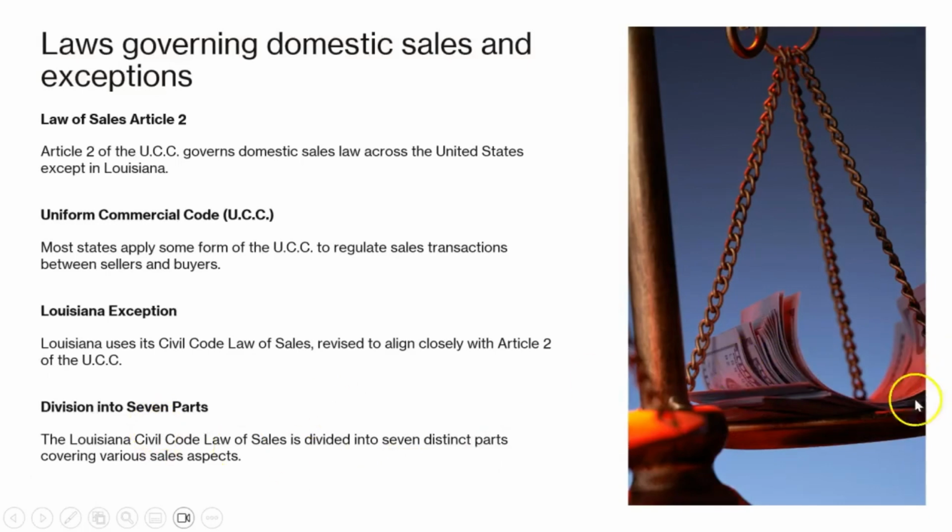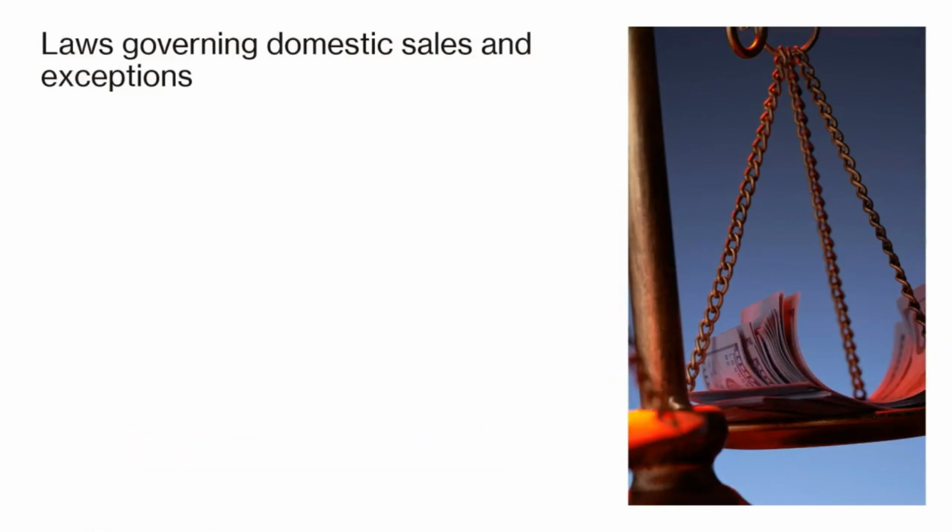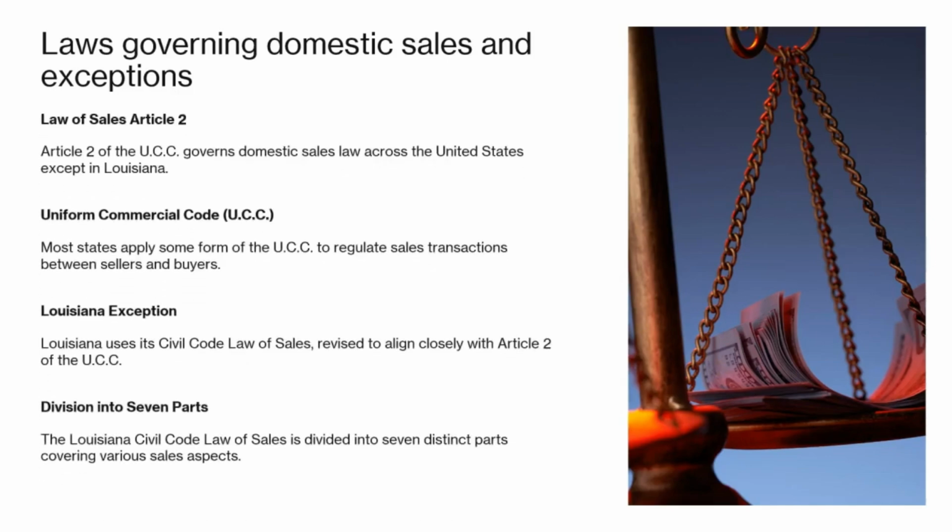So the law of sales in Article 2 governs the law of domestic sales in the United States. And some form of the UCC applies when a seller sells goods to a buyer. An exception is, in the state of Louisiana, its Civil Code of Sales has been revised to parallel Article 2, and it's been divided into 7 parts.